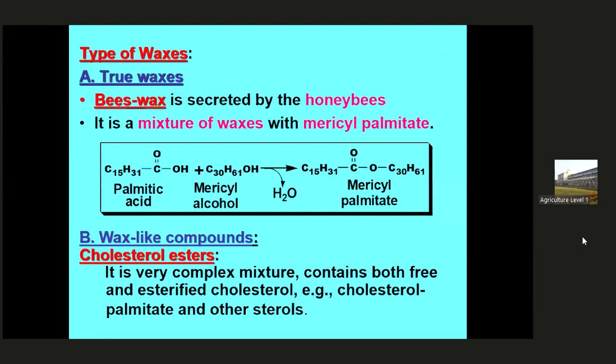If this alcoholic group of cholesterol is esterified with palmitate, then cholesterol palmitate, cholesterol stearate, etc. are produced. As with myricyl palmitate, the ester linkage between the cholesterol and the palmitate cannot be broken down by the ordinary lipase enzyme. For this reason, this cholesterol ester is also called a wax or wax-like compound, and it has no nutritional value for the human body.